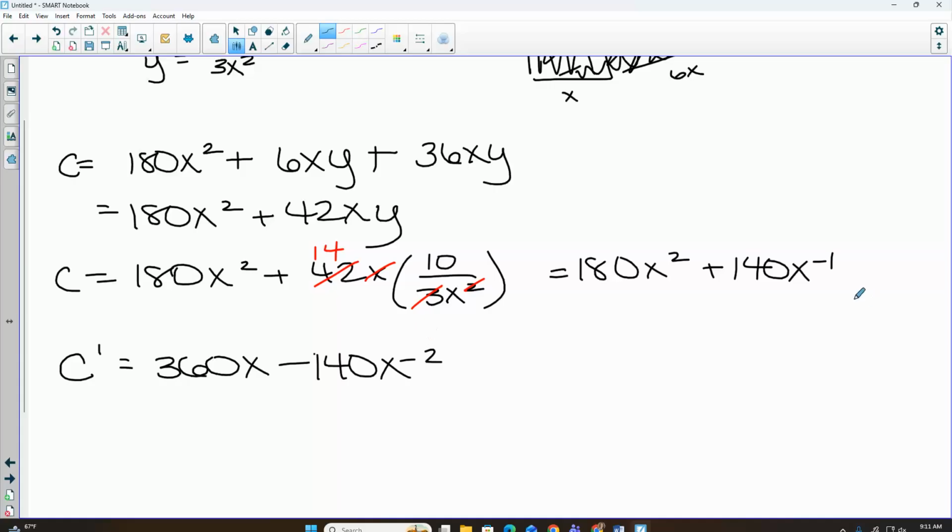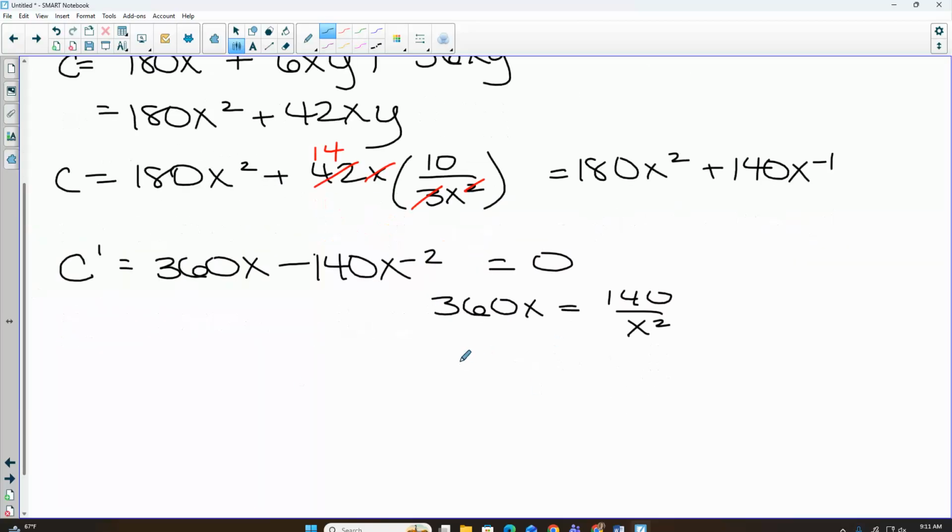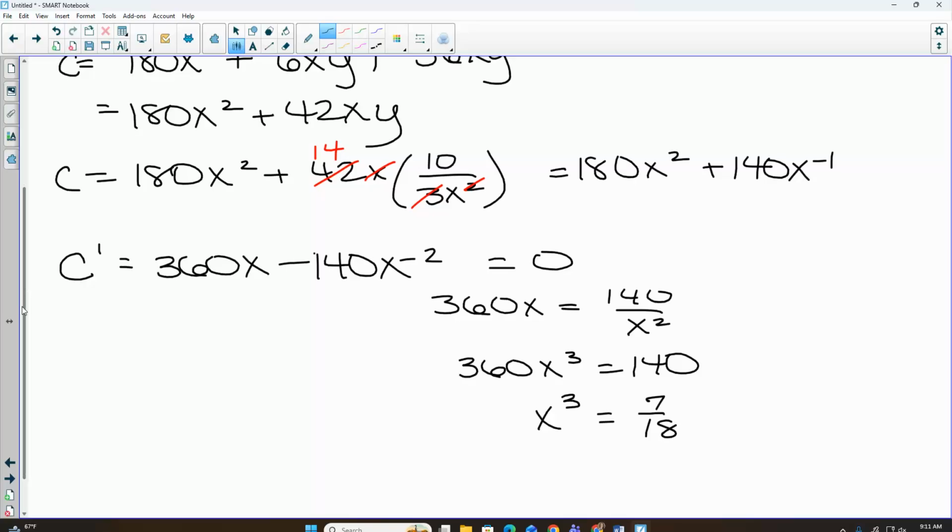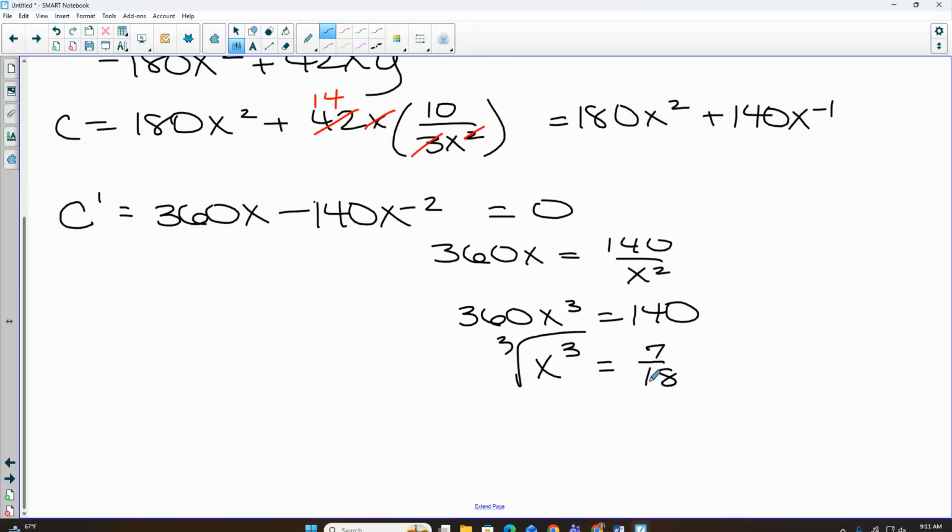Right, we need to figure out where this is 0. So if I multiply by x squared, okay, if we divide 14 over 36, so 7 over 18, and to get x we do the cube root.